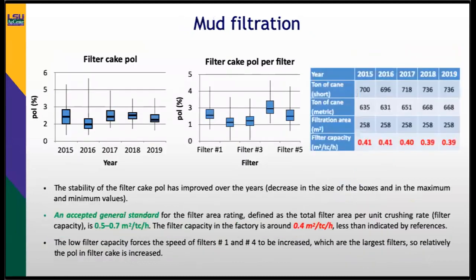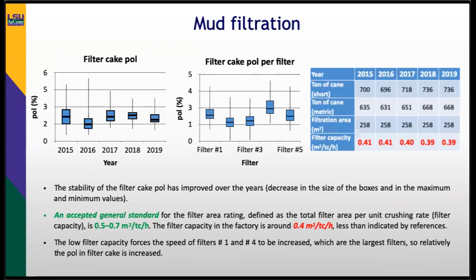Next one. The next station is mud filtration. So this factory has five filters working in parallel, and the stability of the filter cake pol has improved over the years.